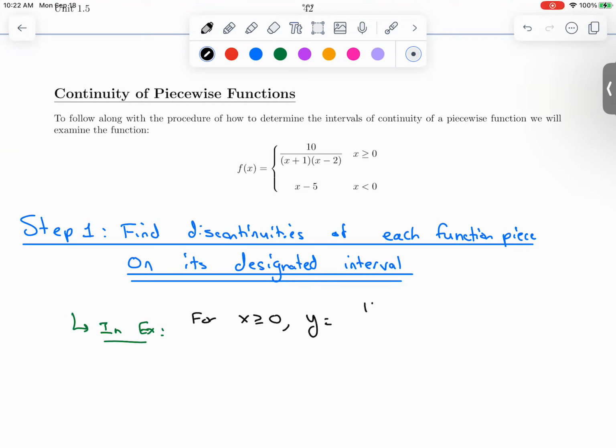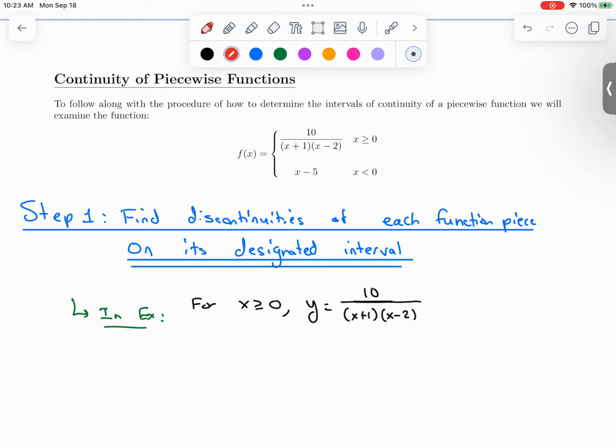When our x values are greater than or equal to 0, our function is the top piece. Where is that thing discontinuous? -1 and 2. That's correct. So discontinuous at x equals -1 and 2.